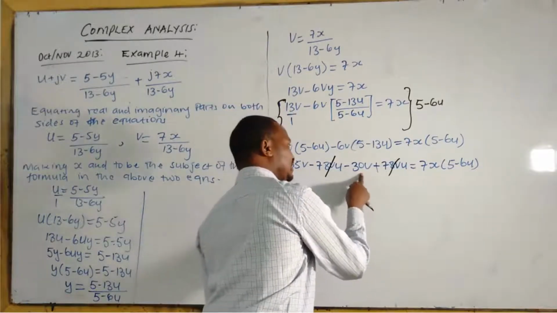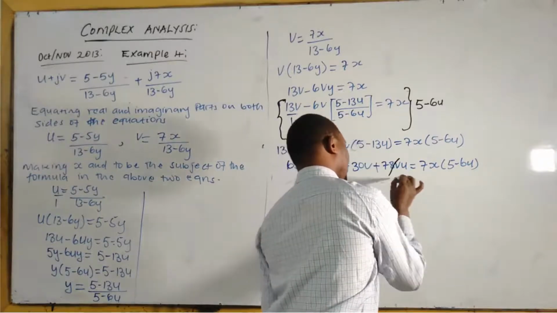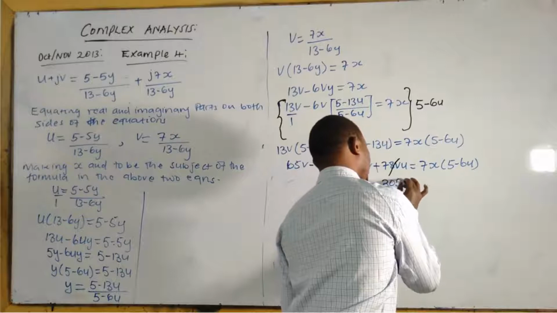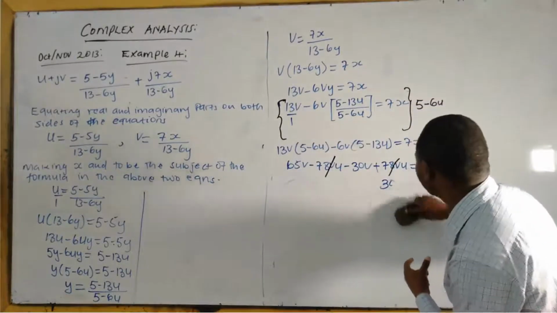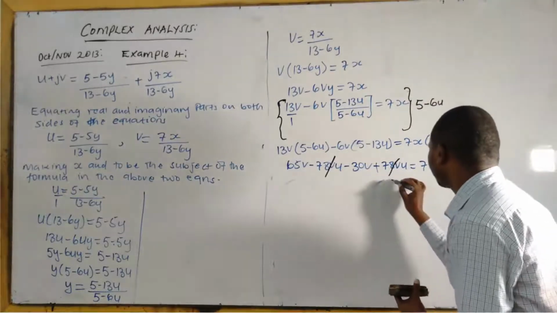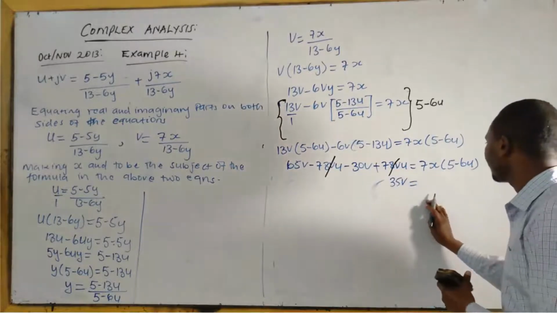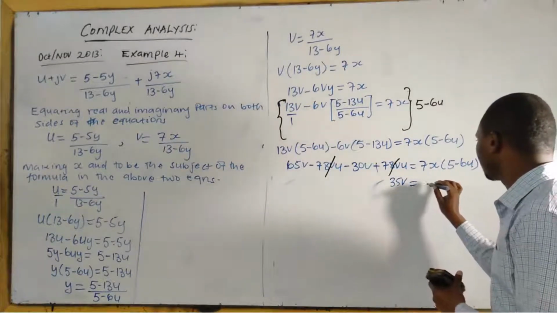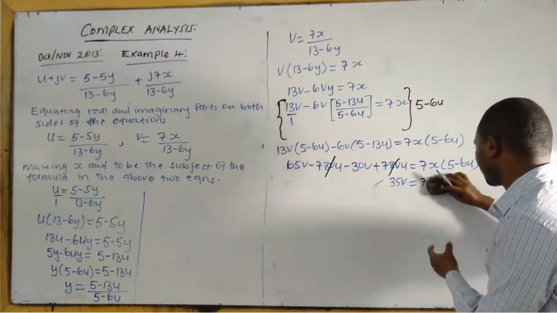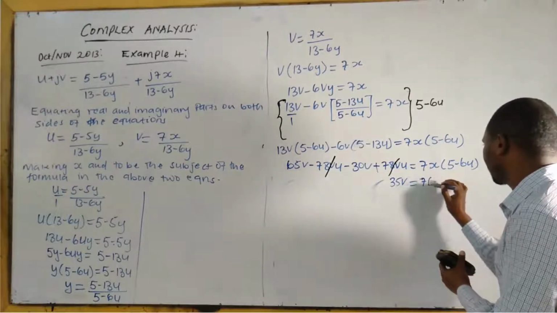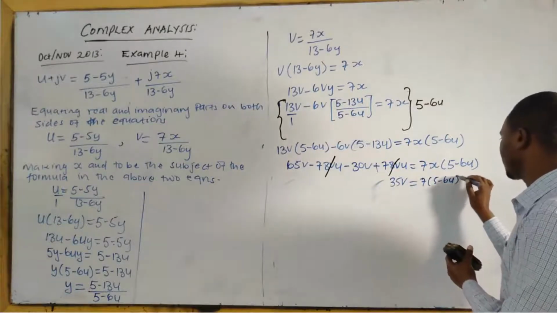65v minus 30v, this is 35v, is equal to 7 times (5 minus 6u) x.